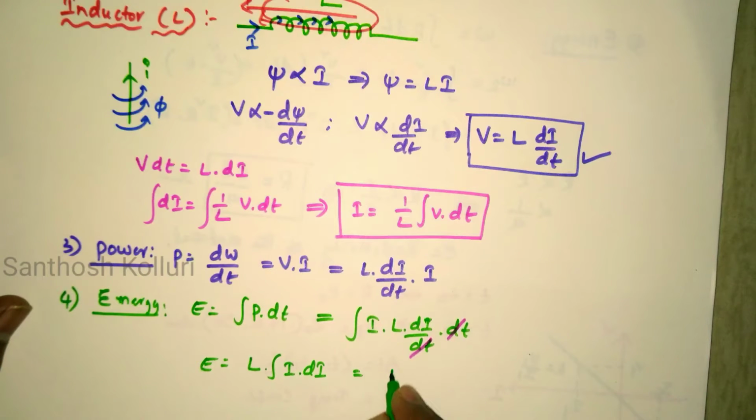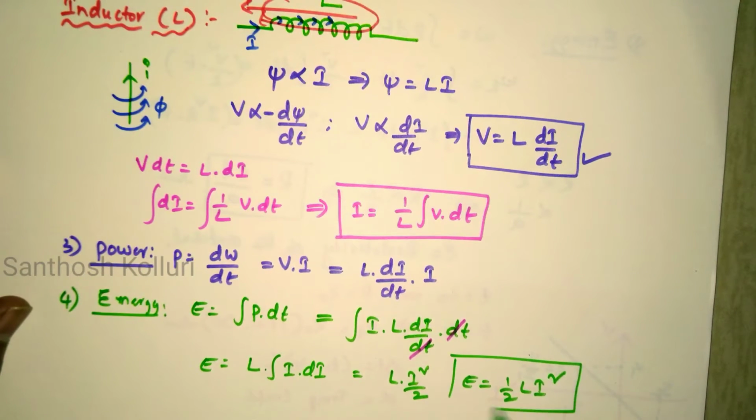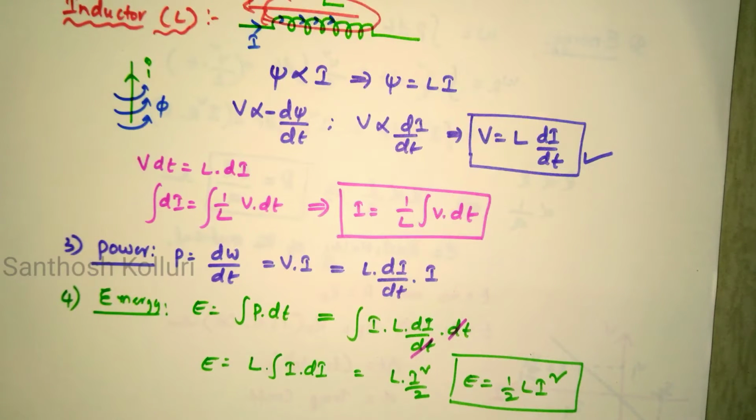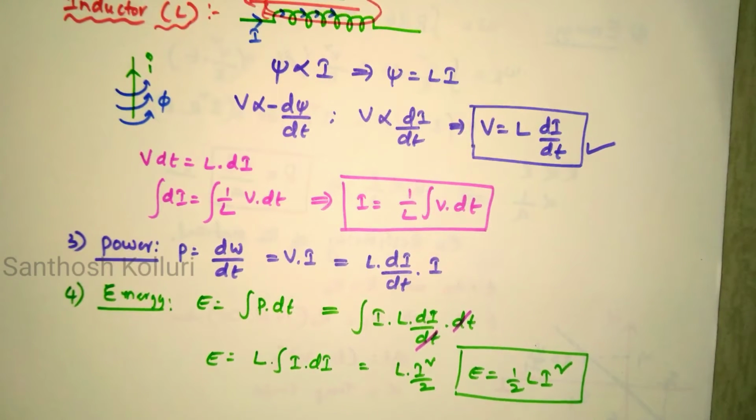So this can be written as L into I square by 2, or in short E is equal to half L i square. This is the energy stored in the inductor, half L i square joules.